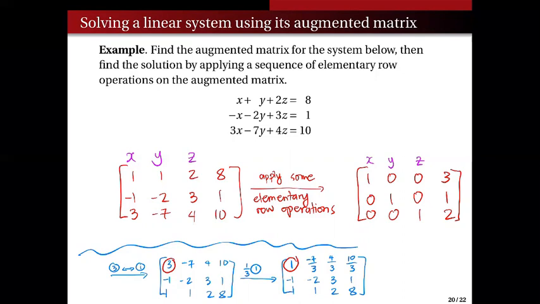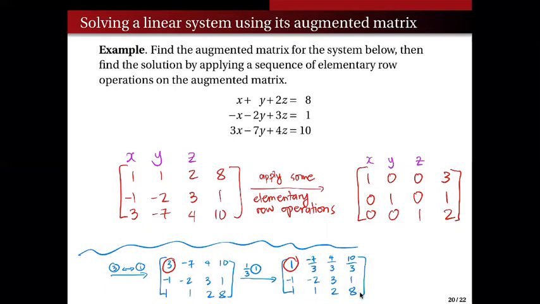You will replace the second row by adding something to it using the first row, that will make this entry 0.